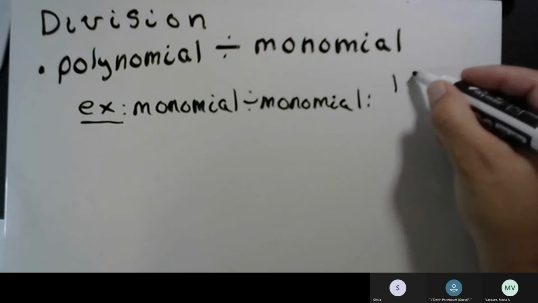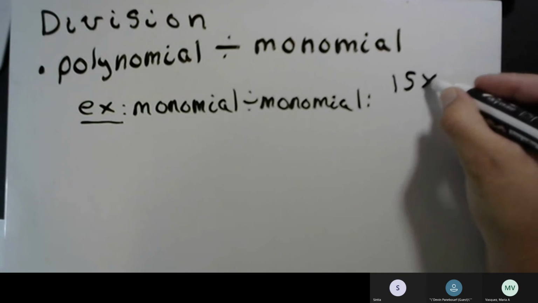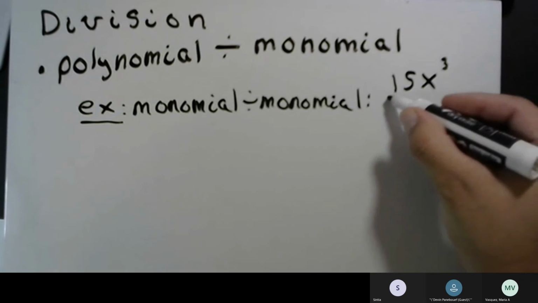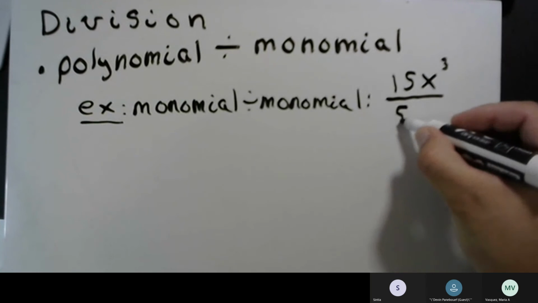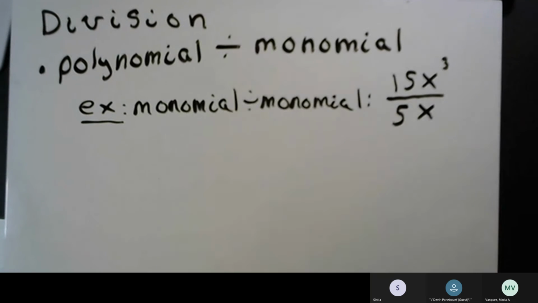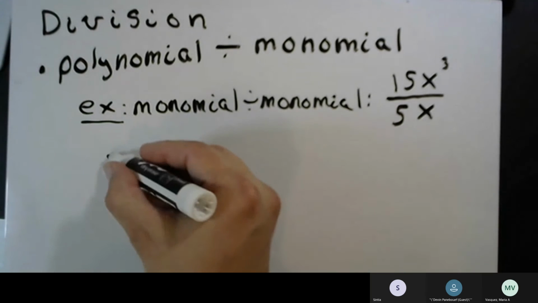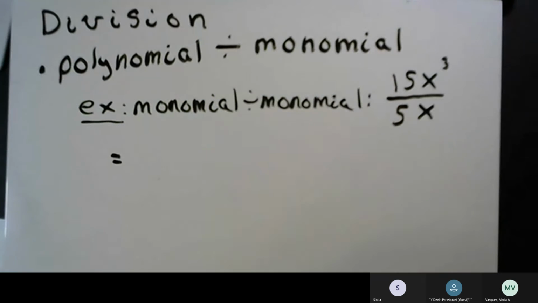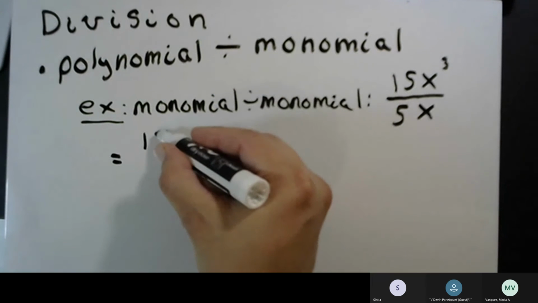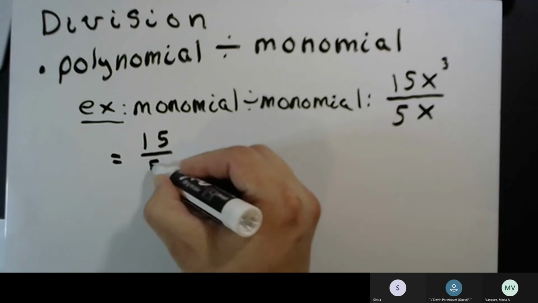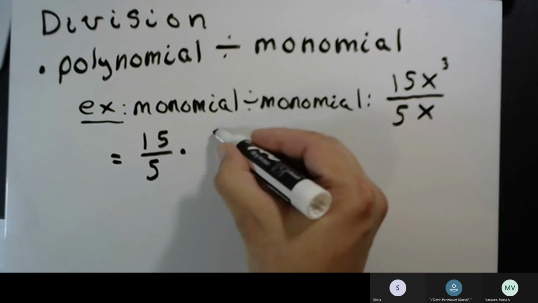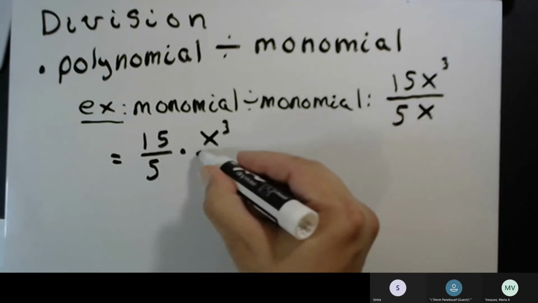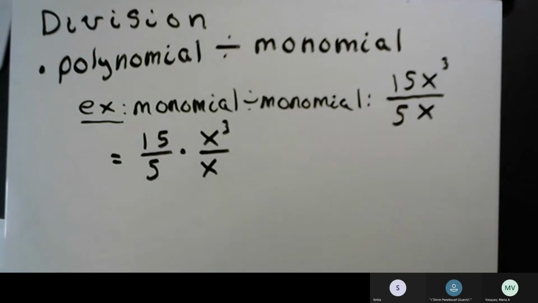But let's say we have this. So when we did monomial divided by monomial, we're going to divide the constants and we're going to divide the variables.